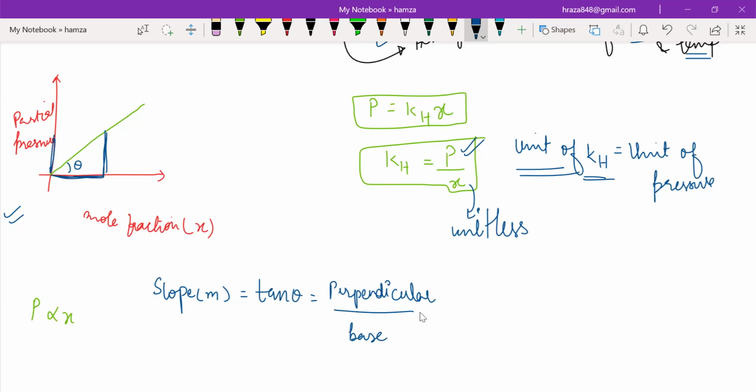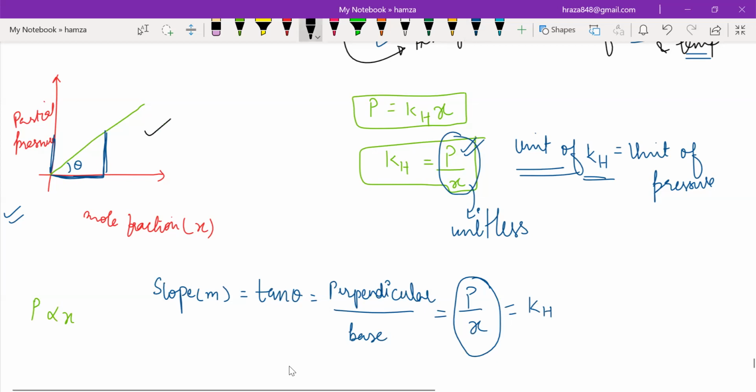So basically this is P upon zeta, and P by zeta is equal to KH.